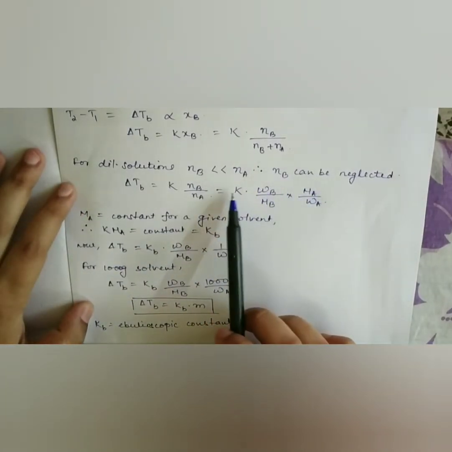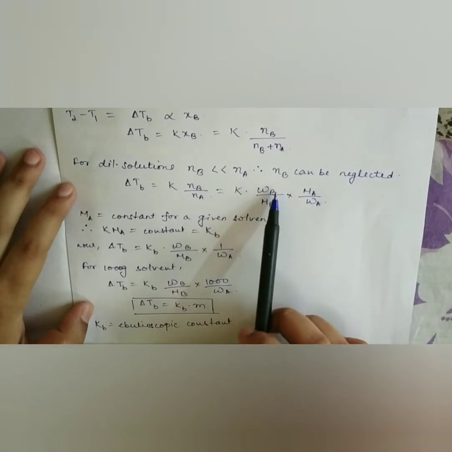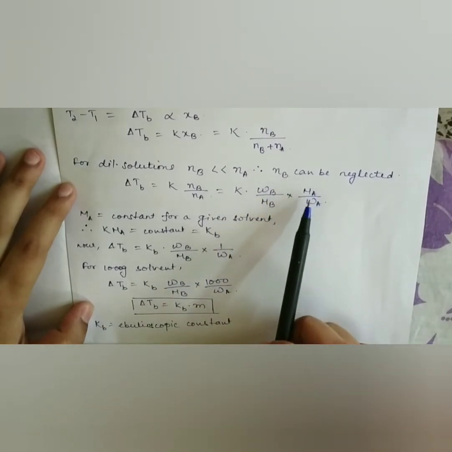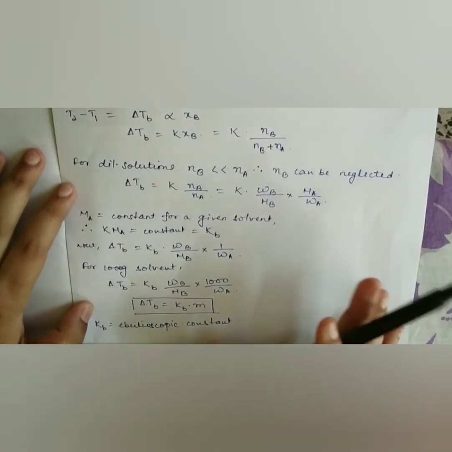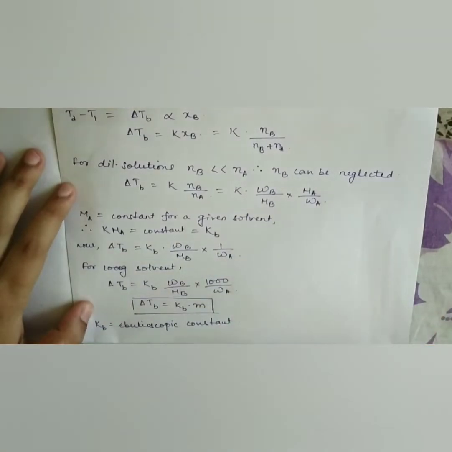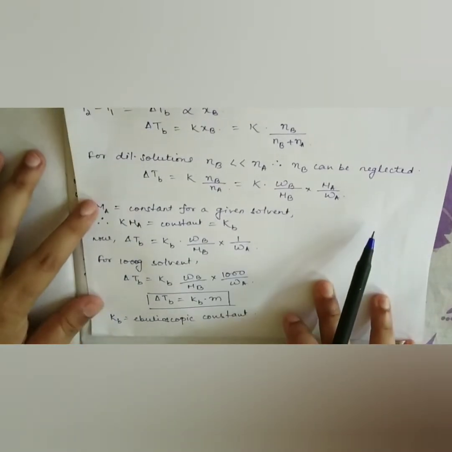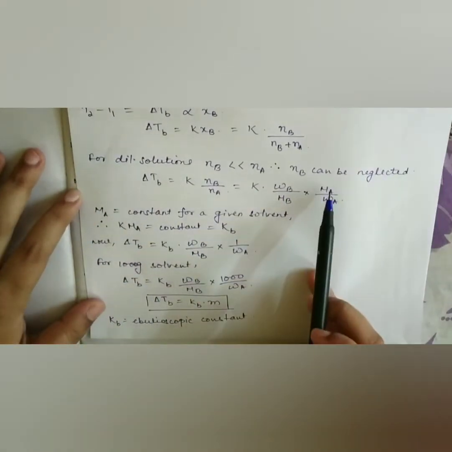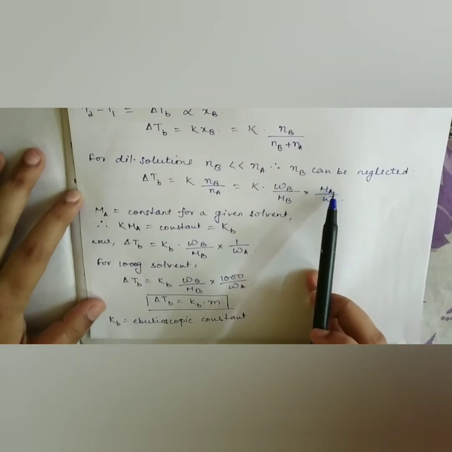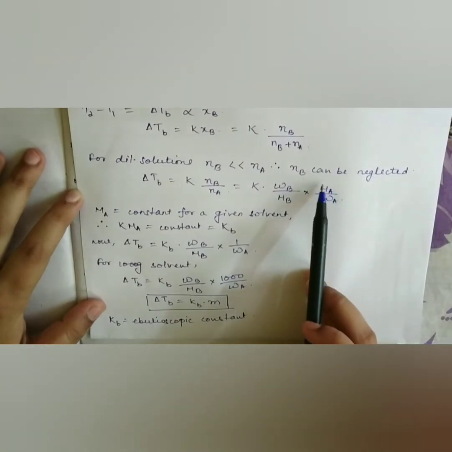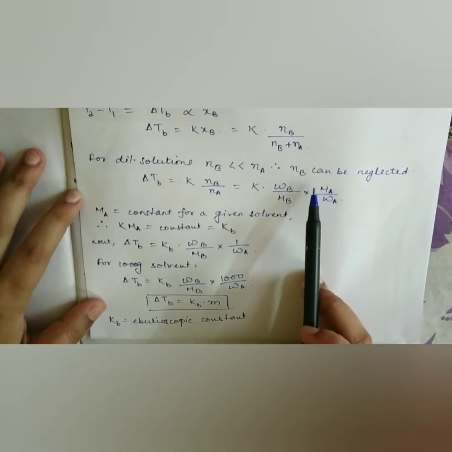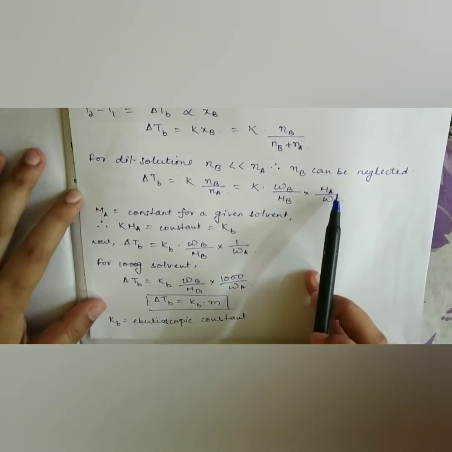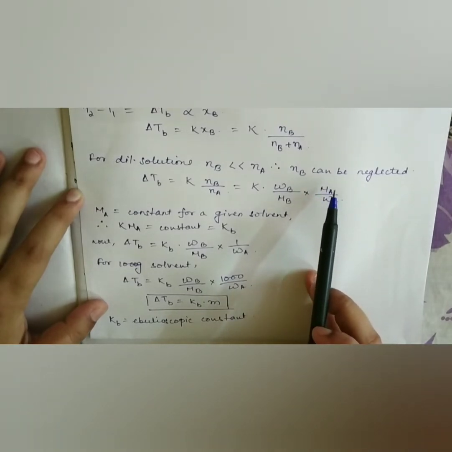Or we can write K into WB by MB into MA by WA, since NB is equal to WB by MB and NA is equal to WA by MA. Now for a particular solvent, the value of MA, that is the molar mass of the solvent, is a constant.